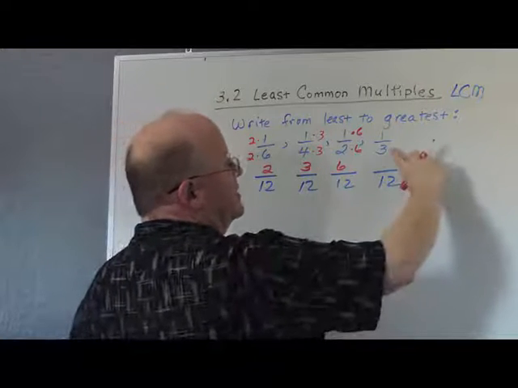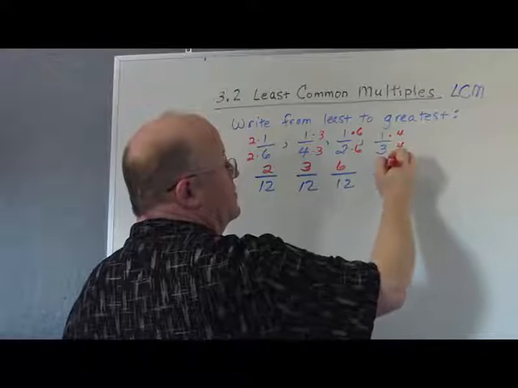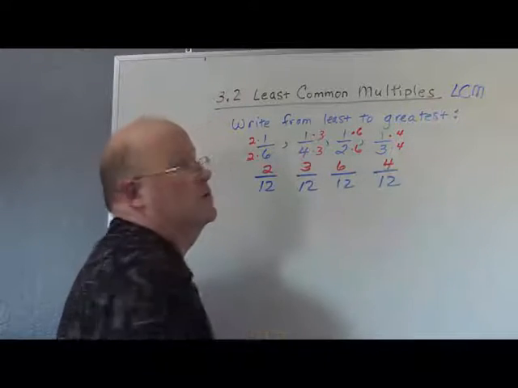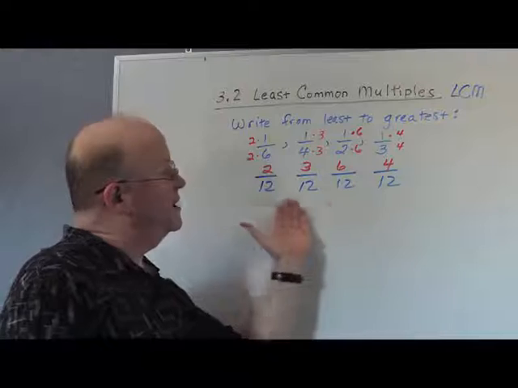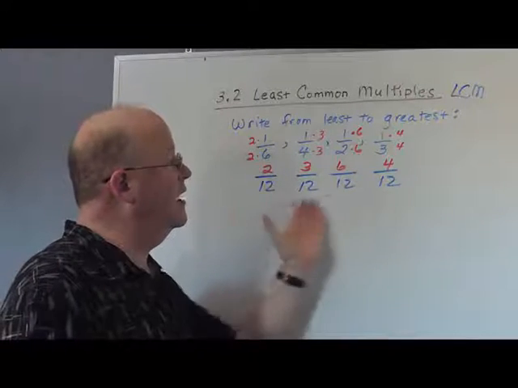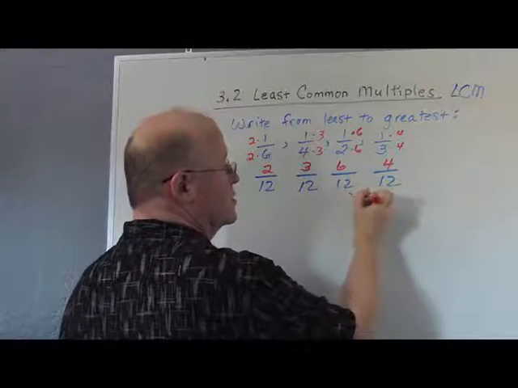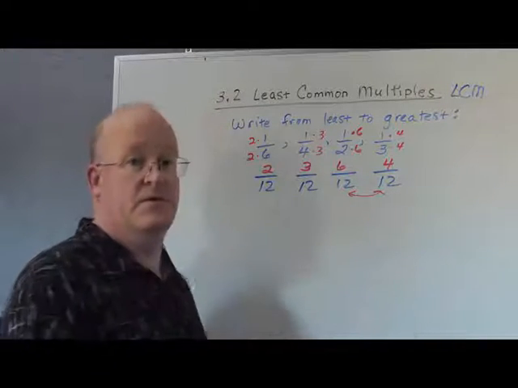And then finally, 3 goes into 12 4 times, and that last fraction will be multiplied by 4/4, giving us 4 over 12. Now that we have these all over the same denominator, we can compare the numerators and say, these are almost in order if we reverse or switch the order of the third and the fourth term.